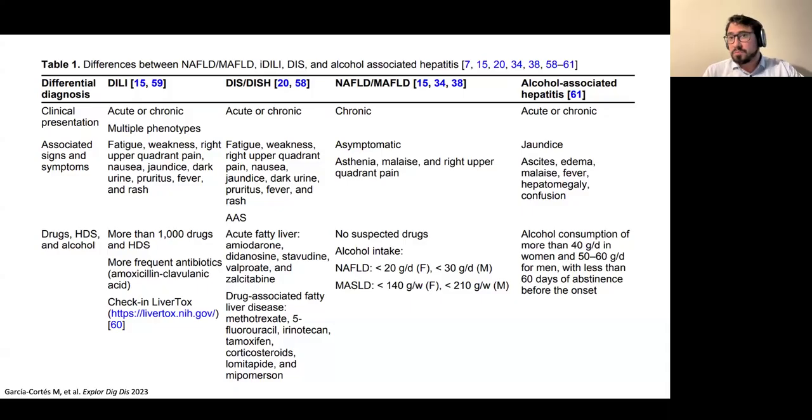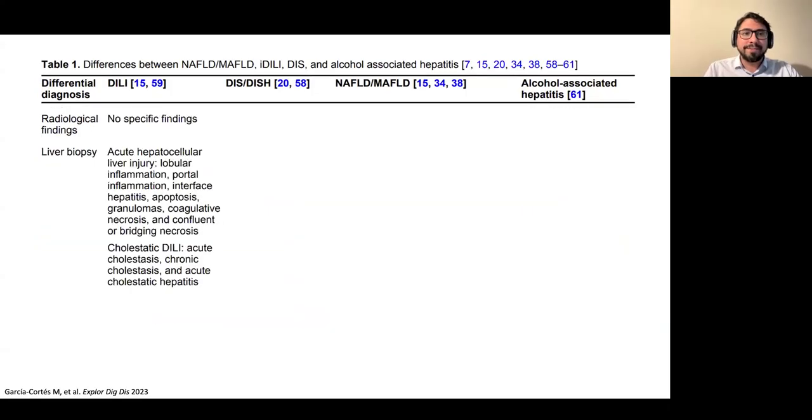You can see steatosis, but the diagnosis can be made by using the NIAAA criteria. And when we see the diagnostic methods for drug-induced liver injury, there are no specific findings in liver imaging, and the liver biopsy can show whatever you want, not necessarily just hepatic steatosis.